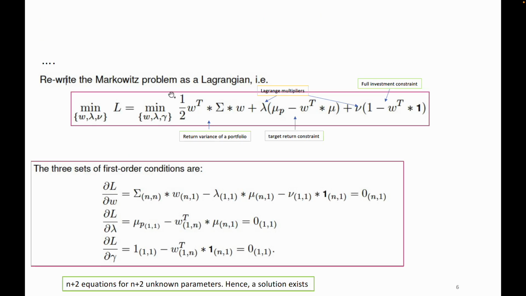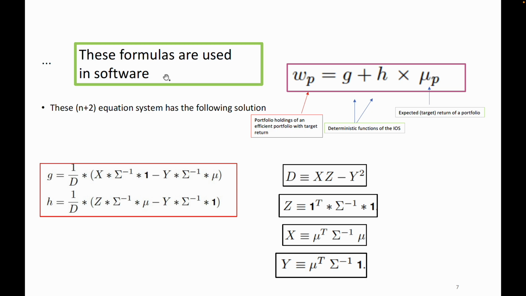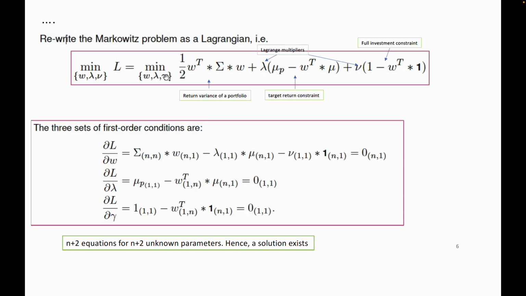And you see now the formulas are slightly more advanced relative to what you're used to in your own studies. So let's just look into what we're doing here. We are now rewriting the Markowitz problem as a Lagrangian. So L is our Lagrangian. It consists of an objective function.